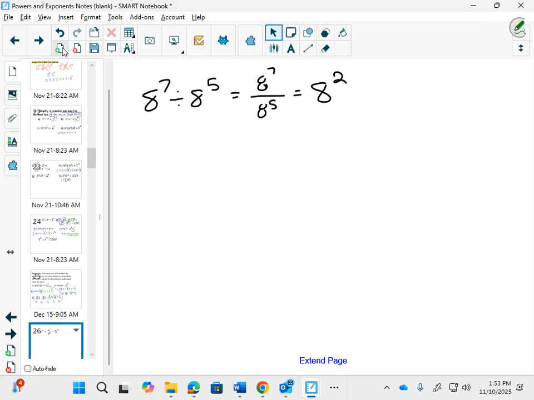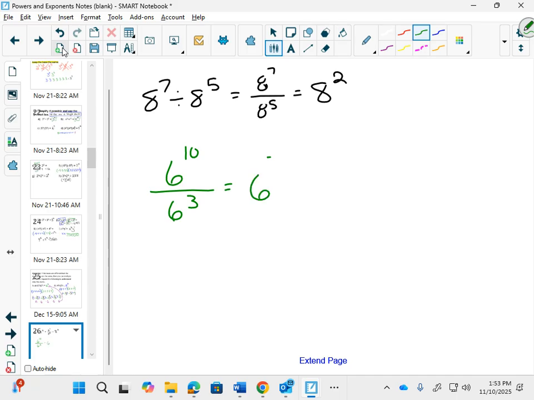If I did 6 to the 10 divided by 6 cubed, my answer is 6 to the 7. And if I did 6 to the 7 again, what are the chances? And if I did 5 to the 12 over 5 to the 4, I would get 5 to the 8.